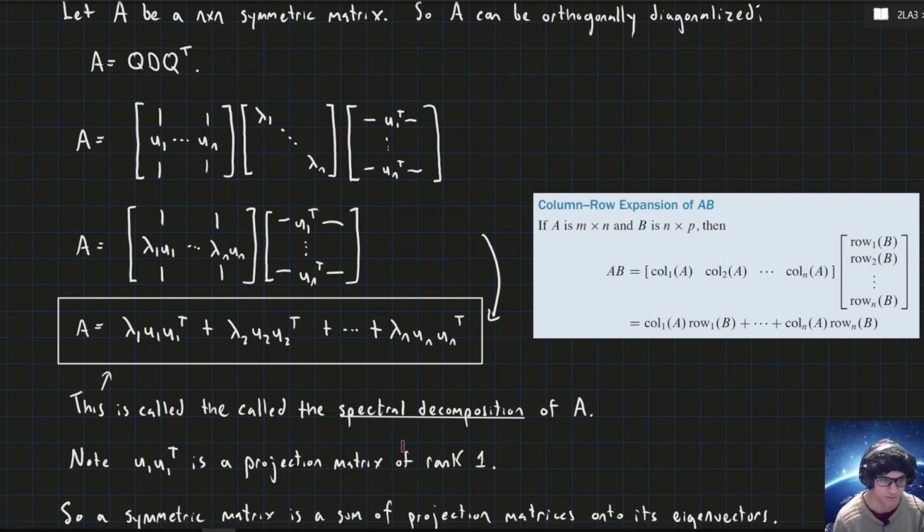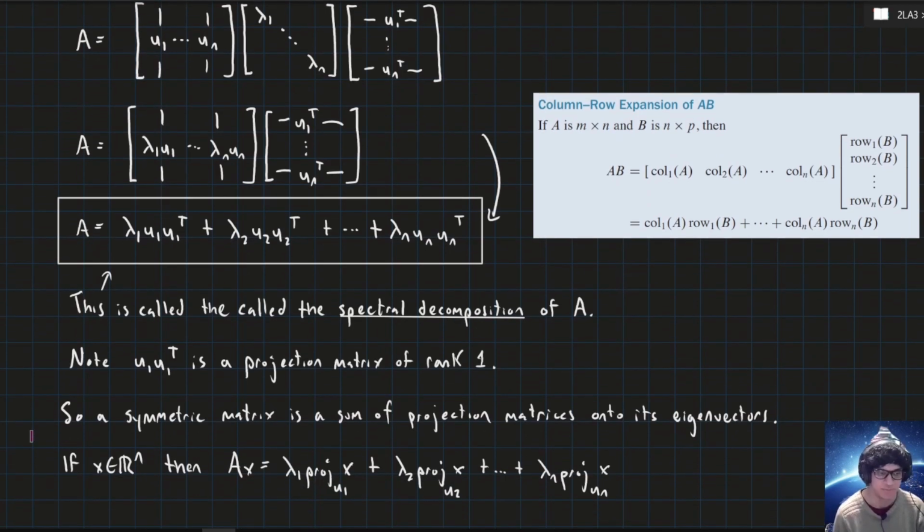So what this is saying is that a symmetric matrix is a sum of projection matrices onto its eigenvectors. This is very special, right? It's saying that A can be completely described in terms of just its eigenvalues and eigenvectors.